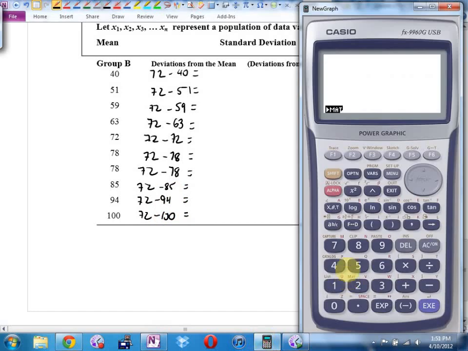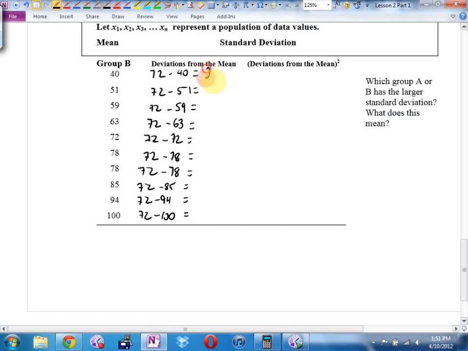72 take away 40, that's 28. 72 take away, no, that's not 28, Mr. Dueck. That's 32. Good gosh.